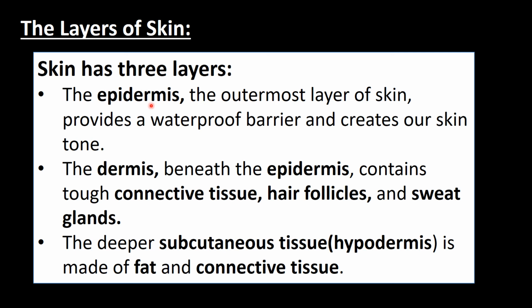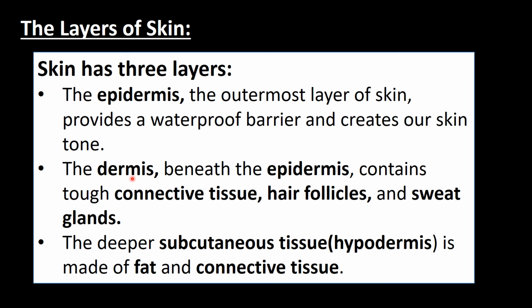For example, the upper layer of the skin, that is the epidermis, is made up of dead cells. These dead cells are rubbed off and new cells take their place from the living layers beneath. And for your surprise, it is a fact that about 20 kg of dead skin is shed by an average adult in a lifetime. Okay.